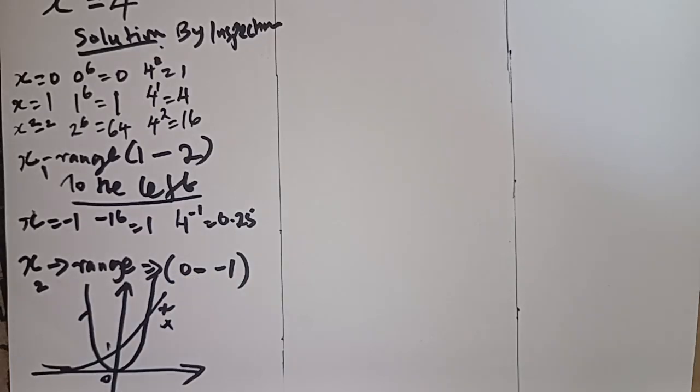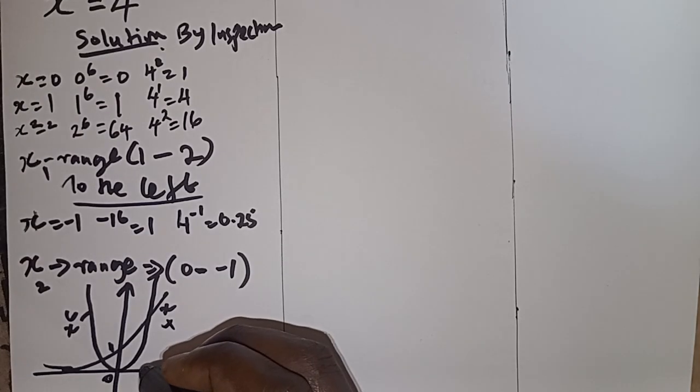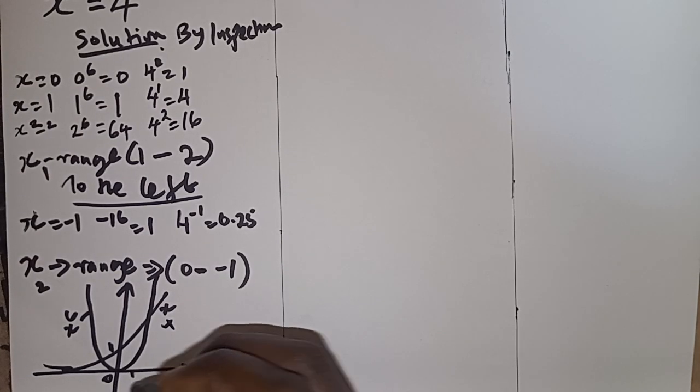So this is the graph of x raised to power 6. If this is 1 and this is 0, then 1 is there and 2 is there.